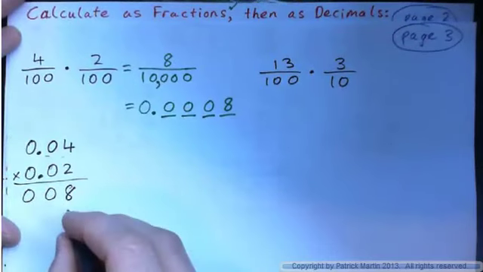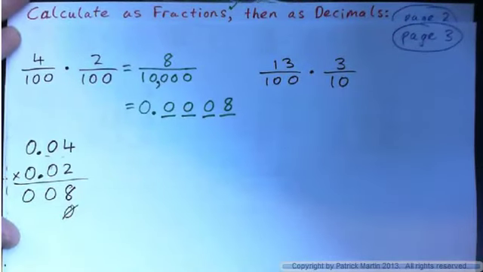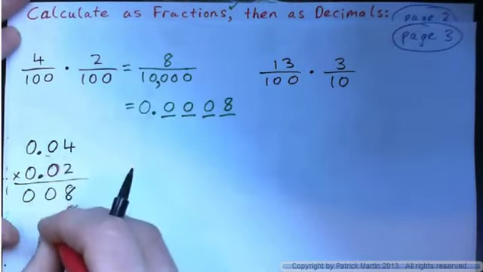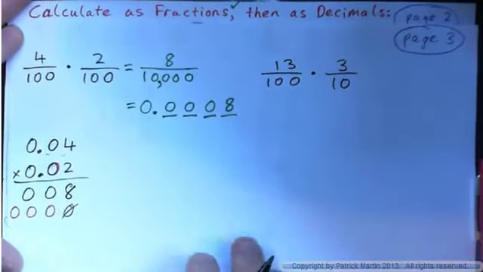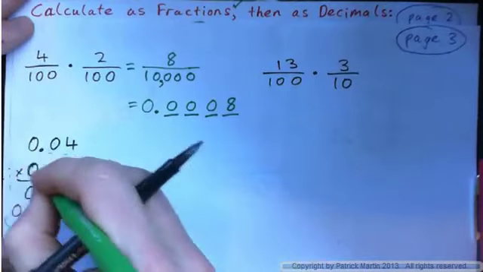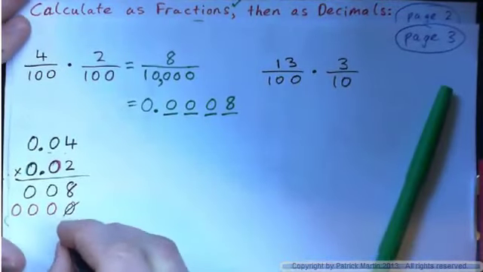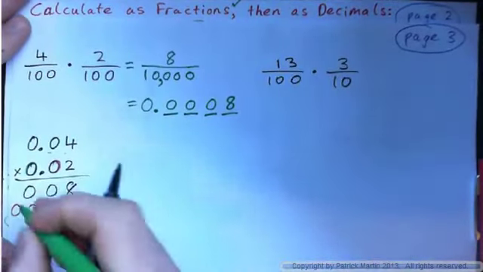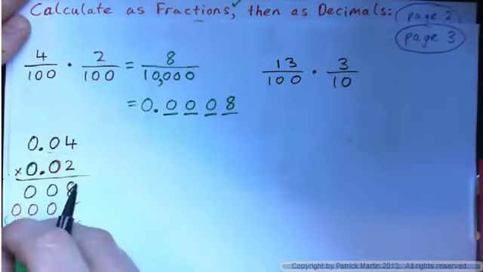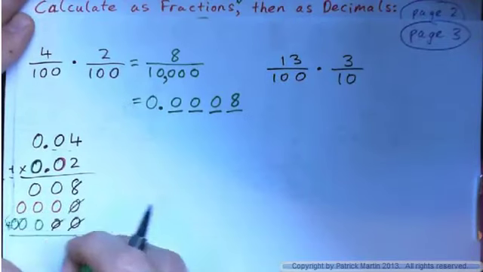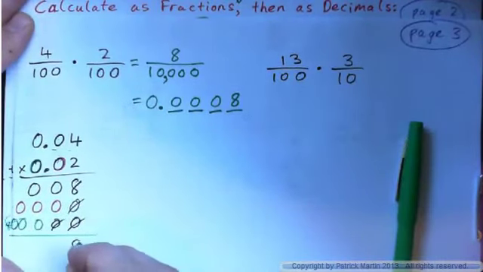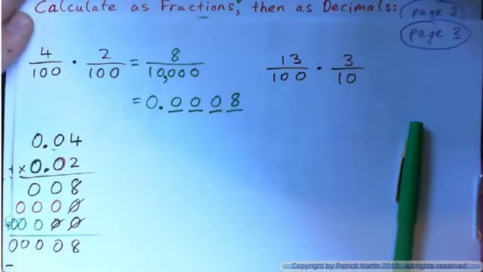And if you want, you can put a placeholder 0. Multiply by this 0. 0 times 4 is 0. 0 times 0 is 0. 0 times 0 is 0. Then you can deal with this one if you want to. I don't know why you'd want to do that. But you could, putting in 2 placeholder zeros. 0 times 4 is 0. 0 times 0 is 0. 0 times 0 is another 0 over here. Sorry. And then you add them all up together and you get 8, 0, 0, 0, 0, right?